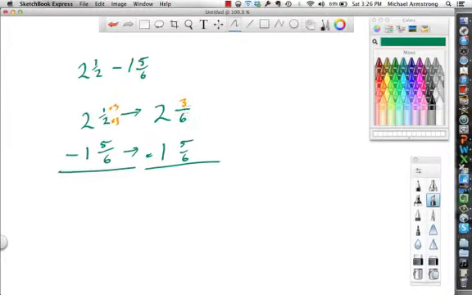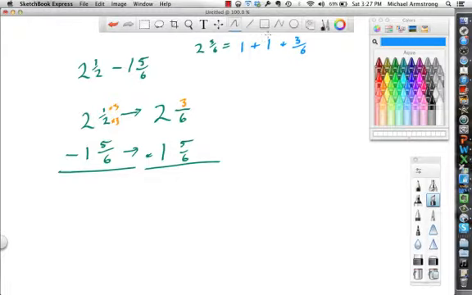But what I need to understand is that I still can borrow from this 2. I just have to cut one of my pizzas apart. 2 and 3/6 is the same as 1 plus 1 plus 3/6.